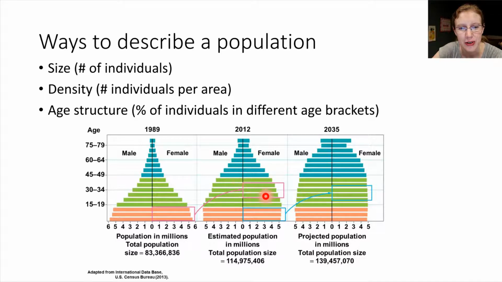And then if we go forward again, those individuals will have shifted up into perhaps old age. So looking at a single snapshot in time, just based on the distribution of this age structure diagram, is it a pyramid or is it an inverted pyramid? That's going to give us an indication of whether this population is likely to grow or to shrink over time. So it allows us to make predictions.